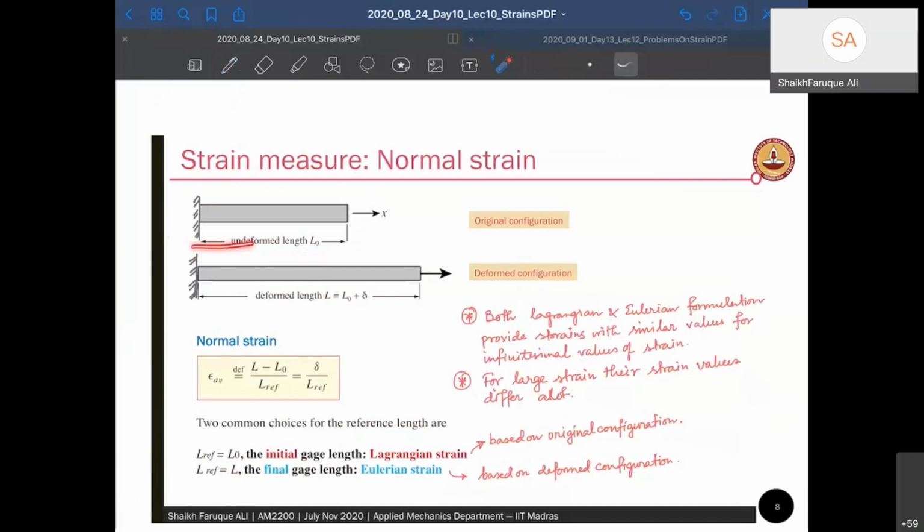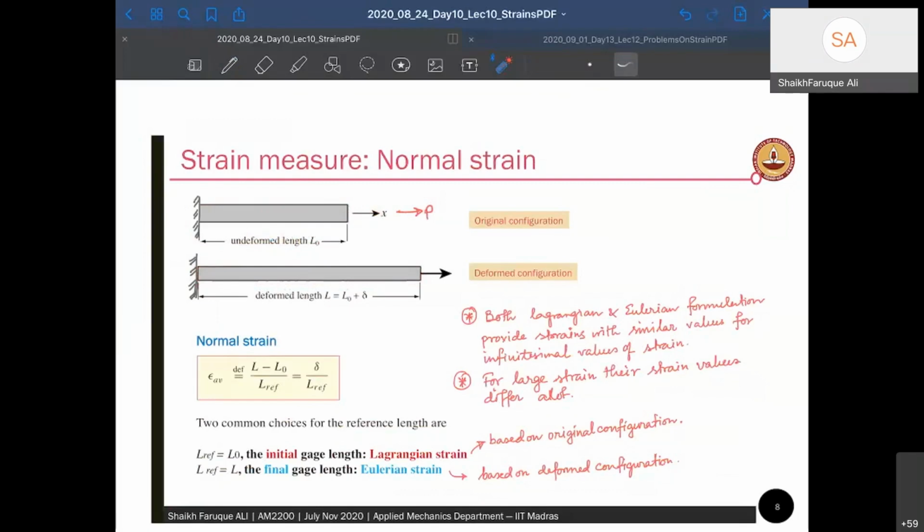So this is a bar member, and I have given a load here, let's say a P load. If I give a P load on the bar member, what will happen? The member will elongate. Tensile force has been given. So it will have a tensile stress on its material, right? So the material points will start moving. So the strain has become now this. So the body has moved from L0, what we call the undeformed length or original length.